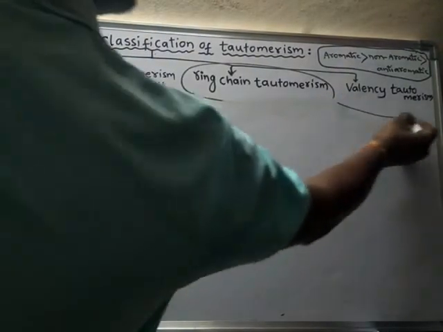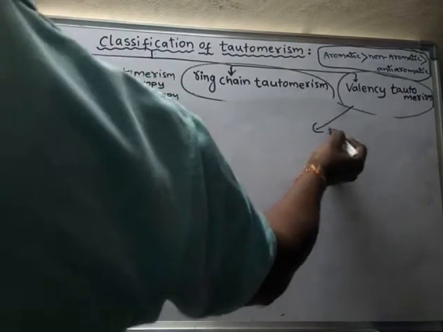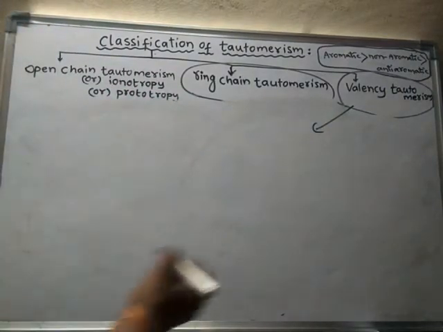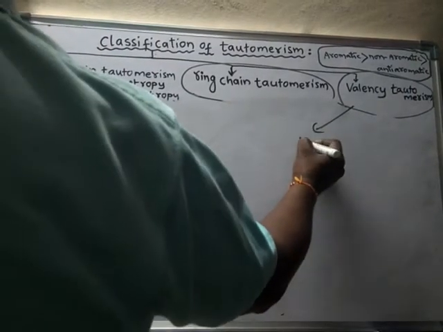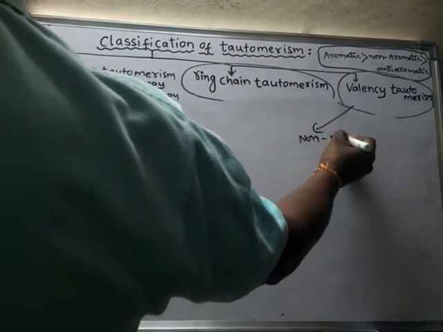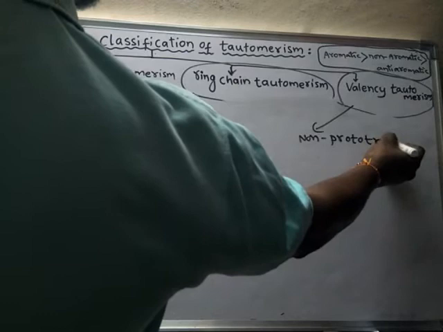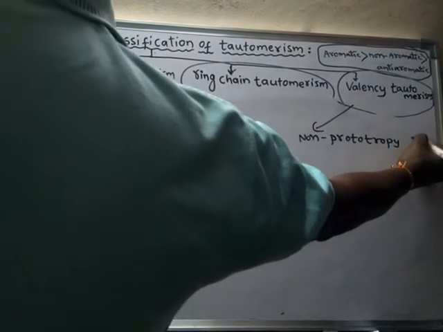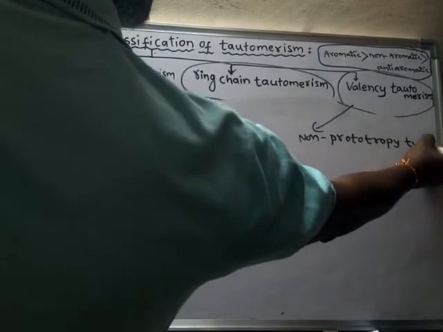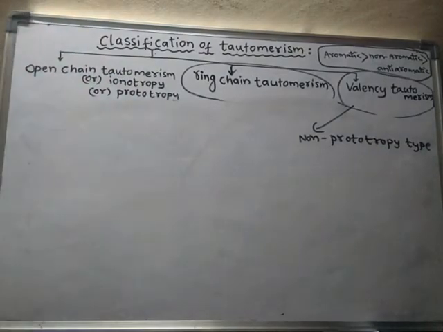What is valency tautomerism? This is also called non-prototropy type of tautomerism.